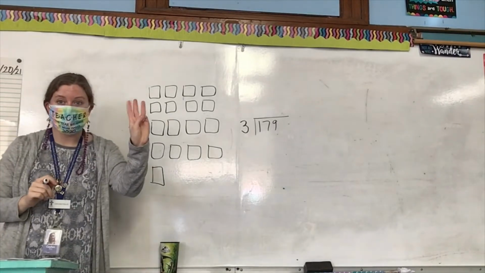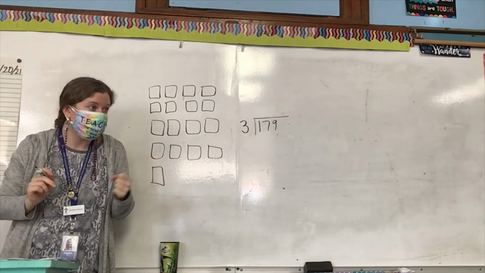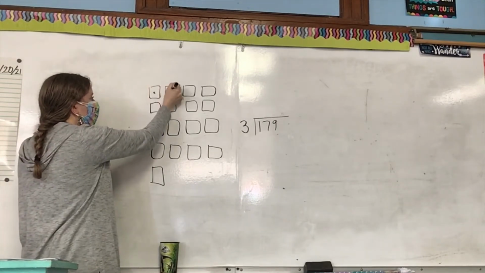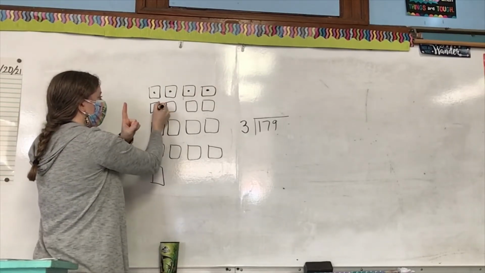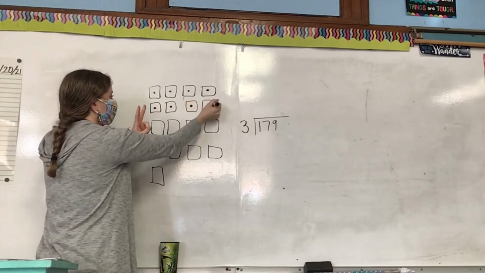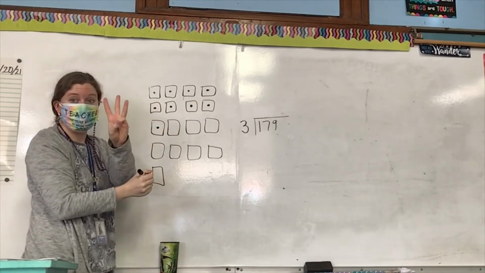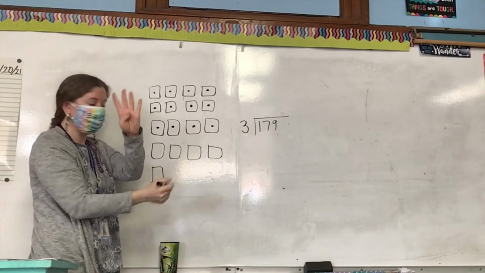Now I'm going to put 3 dots in at a time 6 times. Okay? 1, 2, 3. There's 1. 1, 2, 3. There's 2. 1, 2, 3. There's 3. There's 4.